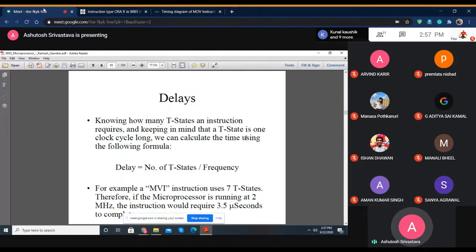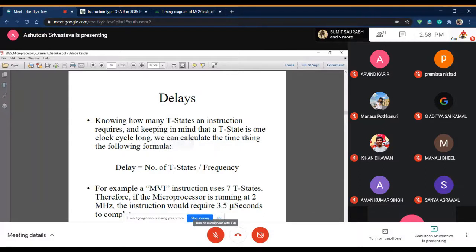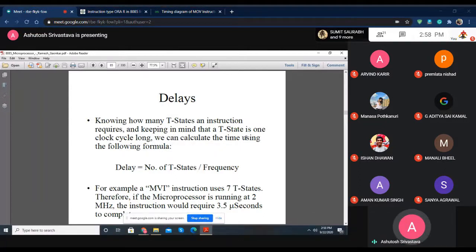So delay is equal to the number of states, as in T states, over the frequency.